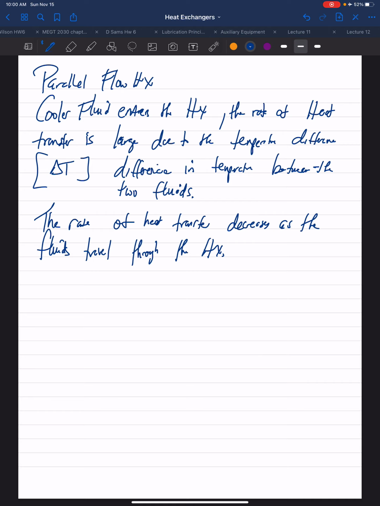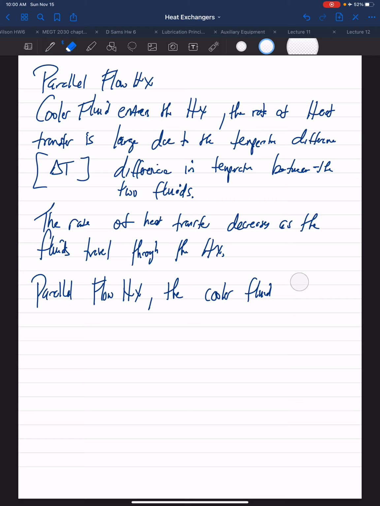One more thing to note, in parallel flow, the cooler fluid temperature is always less than the hotter fluid temperature.